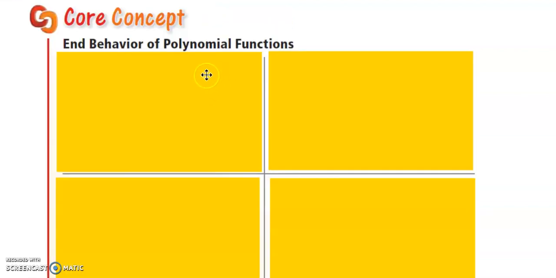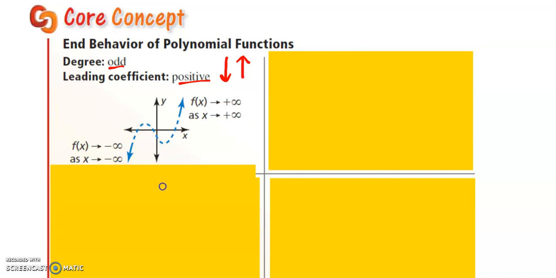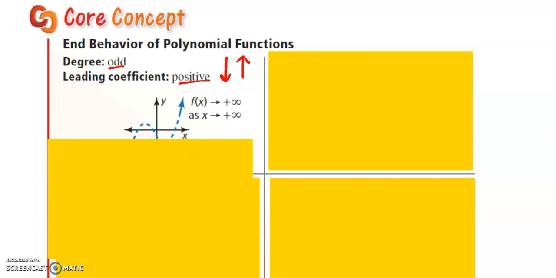So we still want to think about our end behavior just like we did before. So degree being odd and positive. Go ahead and fill in those words. Odd and positive. You guys learned before that your end behavior was down, up. Still true. But the way we're going to start talking about it is as x goes positively, what does y or f of x do?